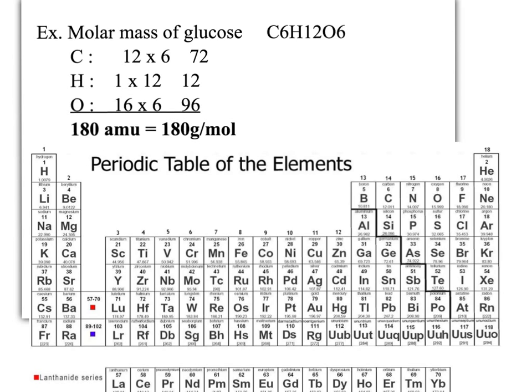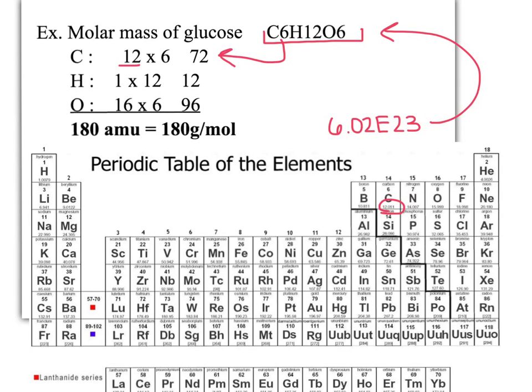And here it is one more time. This time we're doing the molar mass of glucose. In other words, this is glucose, sugar. And if I wanted to figure out how much an entire mole of glucose would weigh, if I had 6.02 times 10 to the 23rd glucose molecules, how much would they weigh? Well, carbon weighs 12 on the periodic table, and there's 6 of those in glucose.